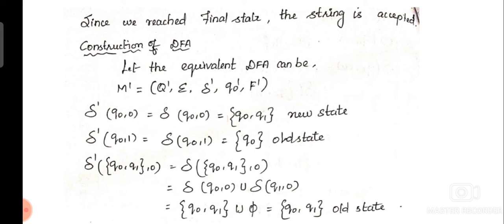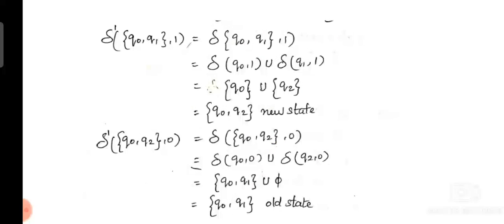It is a combination of states, a set of states which is the new state, which has to be considered in the combined format in the DFA. And del dash of Q0 comma 1 equal to del of Q0 comma 1, which is Q0, the old state that is available in the NFA. Similarly, we have to find the del dash function for all the combinations of states, like del dash of Q0 comma Q1 comma 0, del dash of Q0 Q1 comma 1, del dash of Q0 Q2 comma 0.